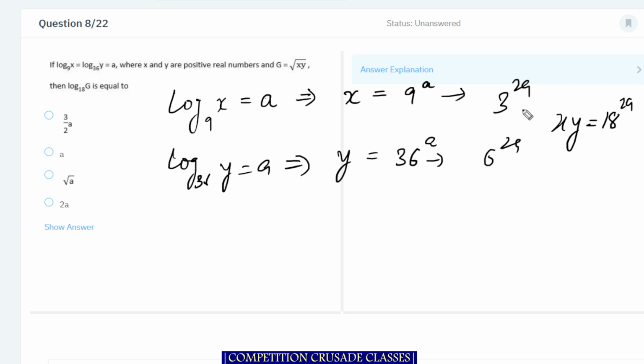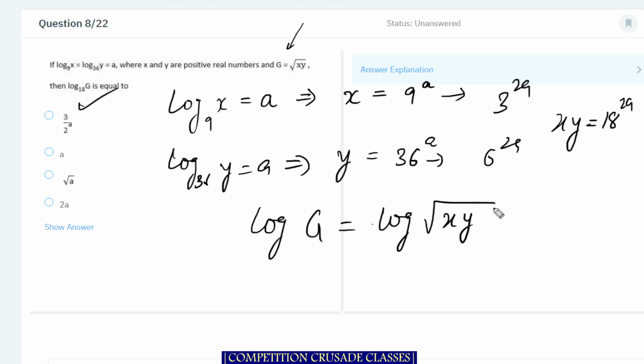Okay, now I'm able to find out something. I already have g is equal to root of xy given, and I am supposed to find log g base 18, correct? So let's take g is equal to root of xy and apply log on it. So log root over xy, you know that this is half, xy to the power half comes out this way.